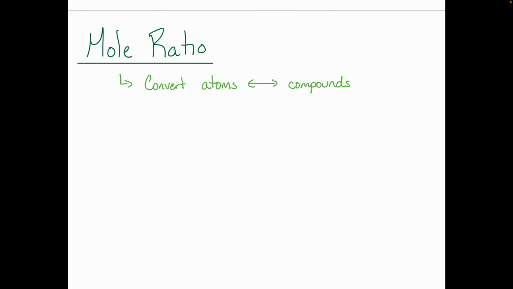If I had 4.3 moles of SCl5, I want to know how many moles of just chlorine there are. And our little conversion factor that we're going to build to do it is what we call a mole ratio.